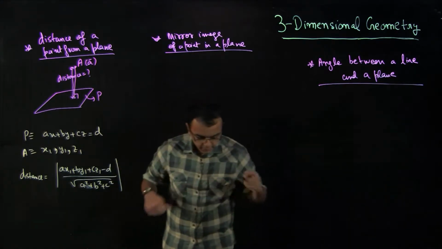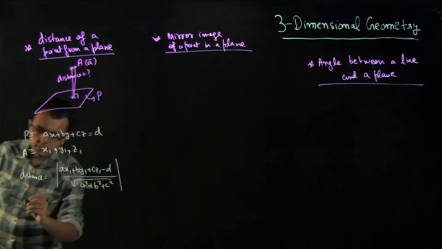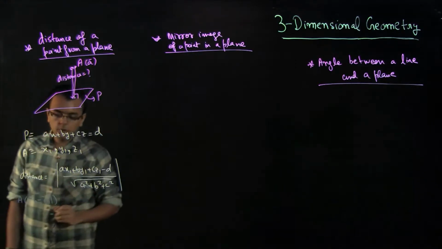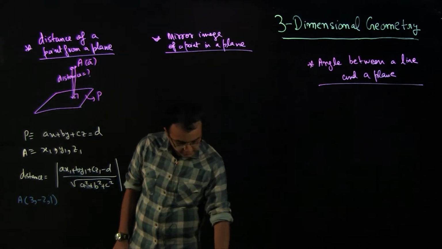Let us say the point A is (3, minus 2, 1), and the plane is 3x minus y plus 4z equals 2.